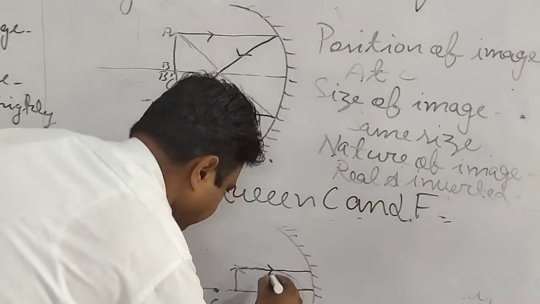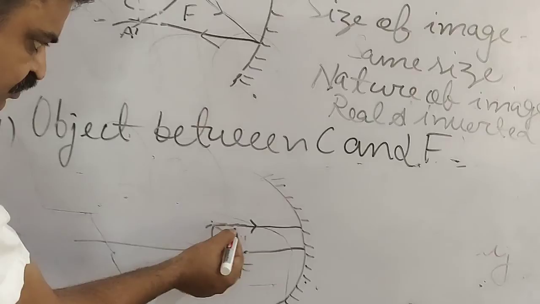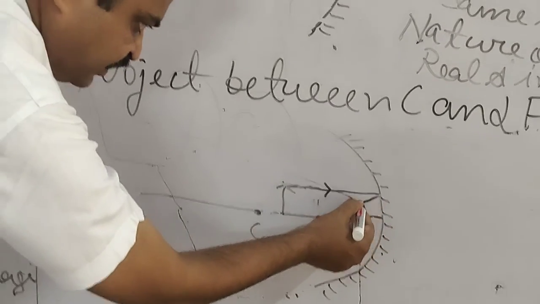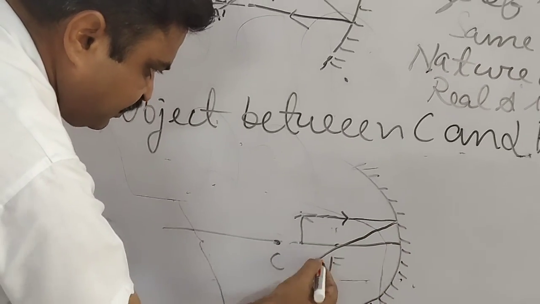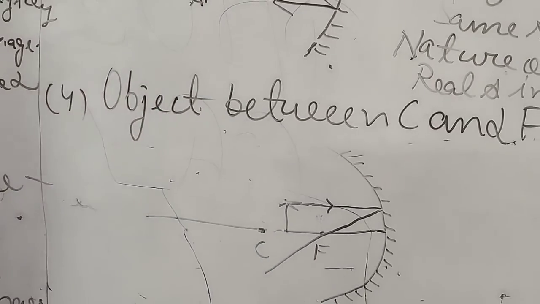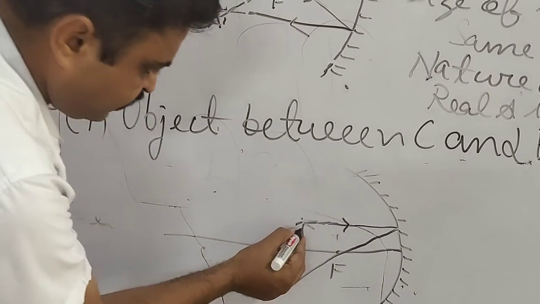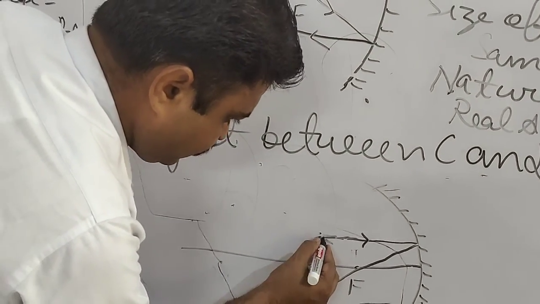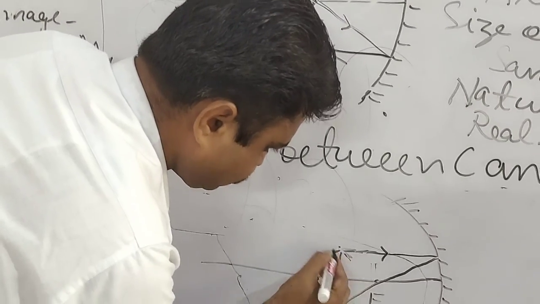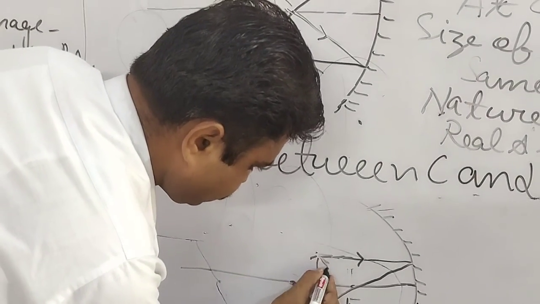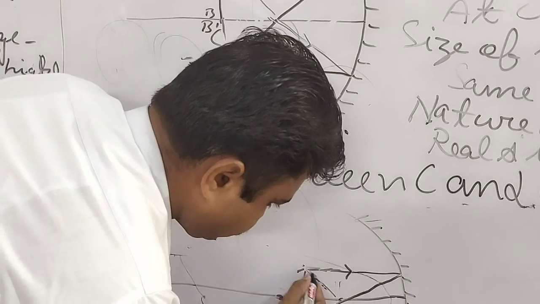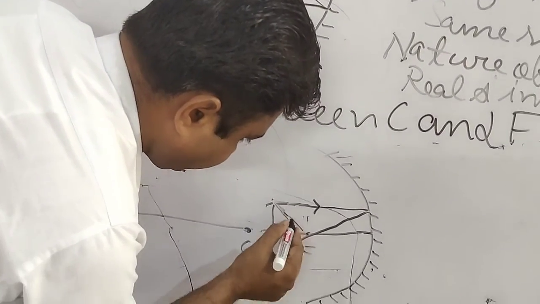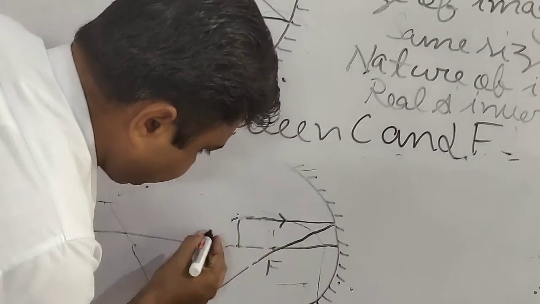Now you draw the ray diagram in this. This is the incident ray. From the head you will start. Now again you will reflect it from the focus, the principal focus. Now you start it from here. From the center of curvature you will start the ray.